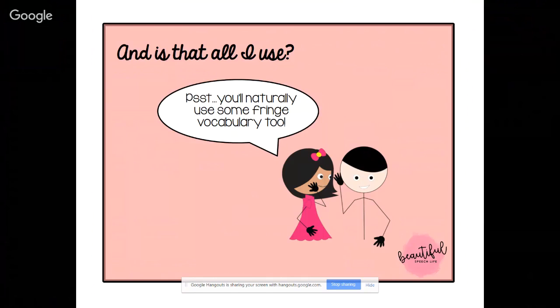Like during recess, some of the fringe vocabulary would be swing and slide and monkey bars and stand and all of those things. And we naturally use those. You can make fringe boards for those, or you can go to the fringe vocabulary pages on a device. And that kind of naturally happens. And so I really focus on the core part to get started.